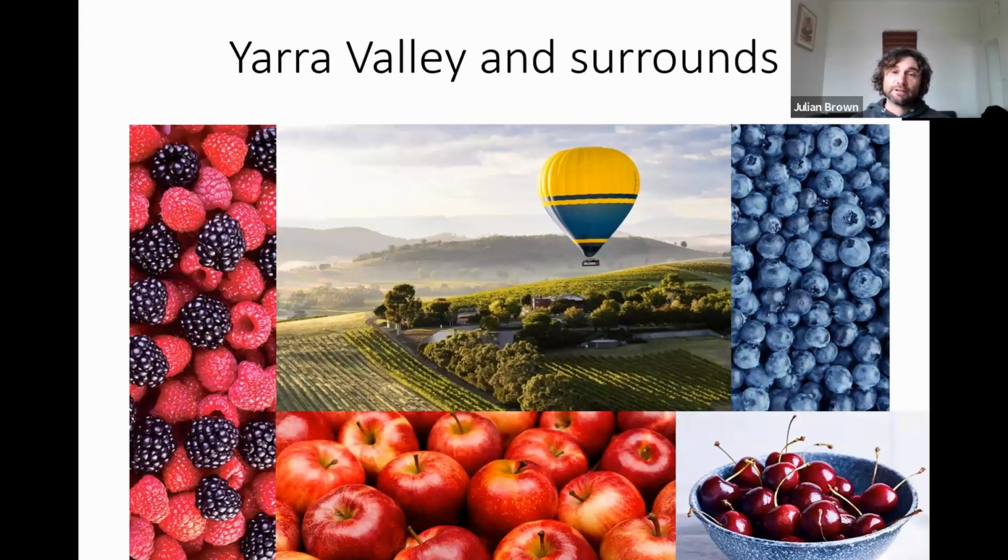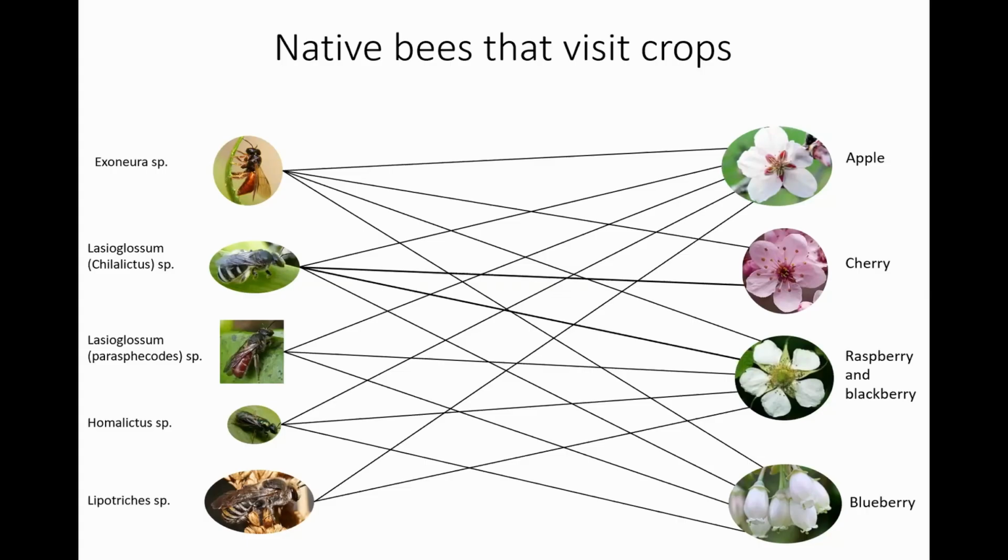I'm going to talk mostly about some work we've been doing in and around the Yarra Valley in Victoria. It's a region that's known for its wine, but there's also a lot of temperate fruit crops grown there: cherries, apples, blueberries, raspberries, blackberries, among other things. We were interested in what native bees are visiting these crops. This diagram is a summary of a few years of research, similar to one of the diagrams Romina showed.